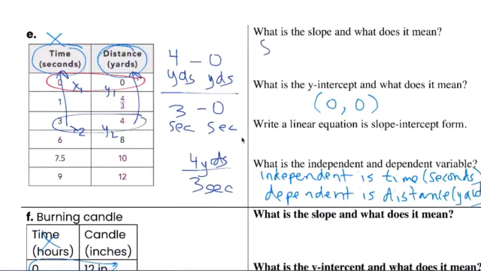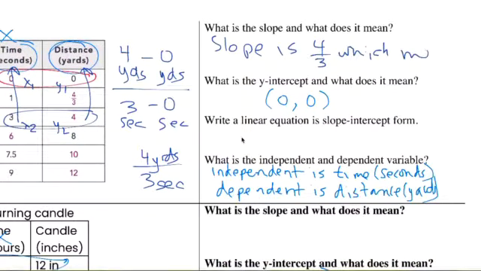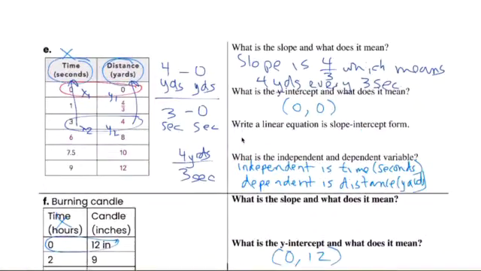So slope is 4 over 3, which means 4 yards every 3 seconds. Now slope-intercept form.